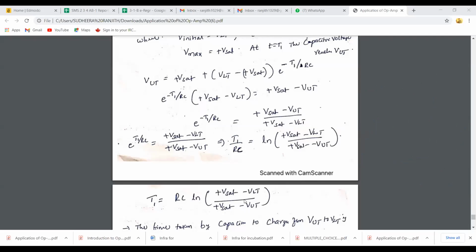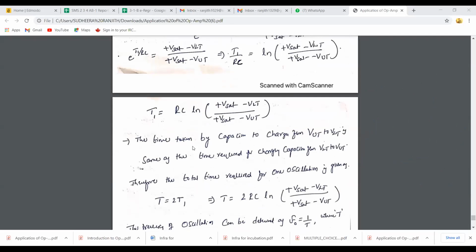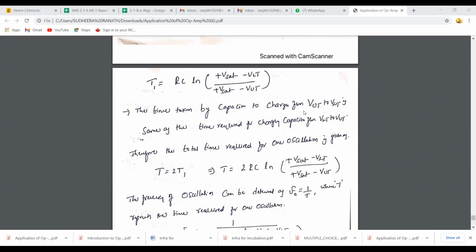So the same thing I'm explaining here. The time taken by the capacitor to charge from VUT to VLT is the same as the time required for charging the capacitor from VLT to VUT. The time taken in both cases is the same.